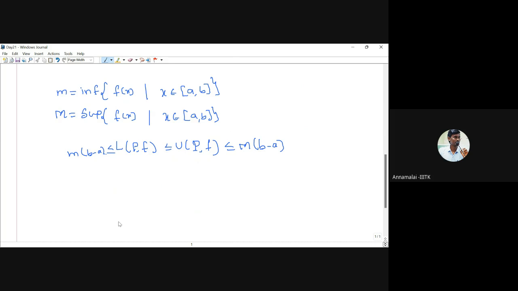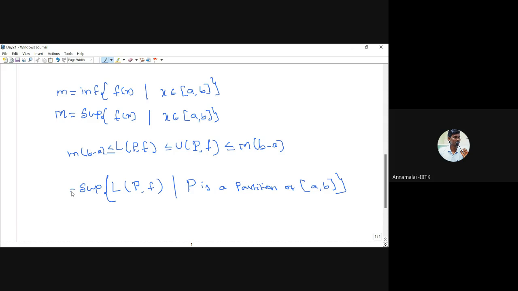So you are going to take the infimum or supremum of all these sums. For each partition, we can find a lower sum L(P, f), and for that we take the supremum of all the lower sums, where P is varying over all partitions of the closed interval [a, b].